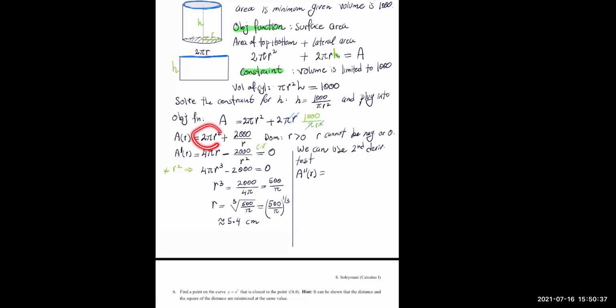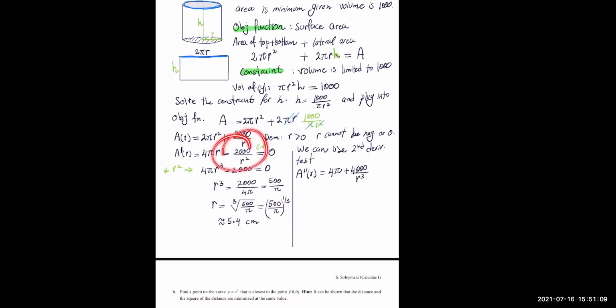So the derivative of that is 4 pi. And then differentiate this term, r to the -2. The -2 goes in front, it makes this positive, and then that 2,000 becomes 4,000, and then you have r to the power of 3.